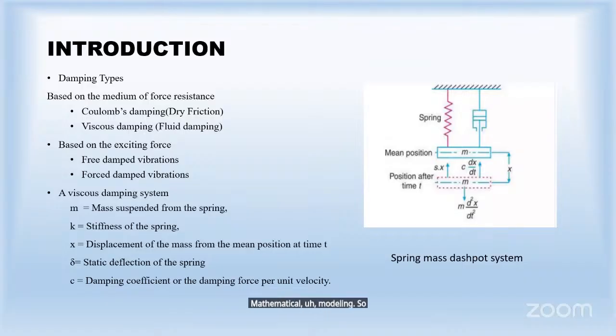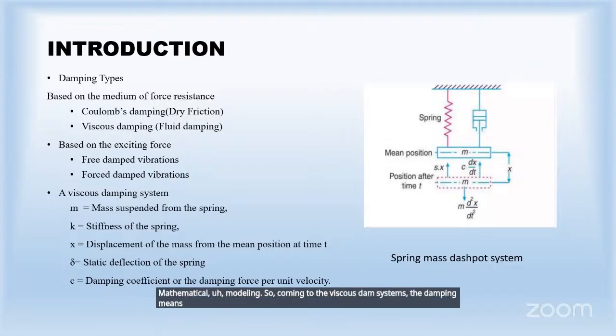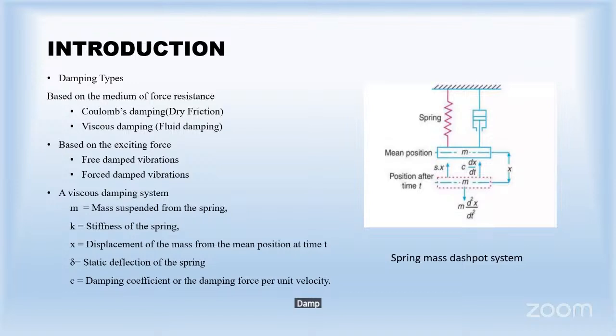Coming to viscously damped systems, damping means the resistance provided that opposes the motion. Modeling of damping may be done in various ways: viscous damping, structural damping, Coulomb damping. Many types of damping can be given a mathematical representation.